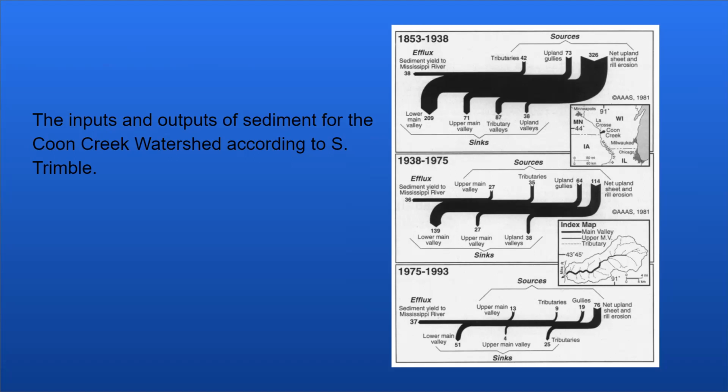Less and less sediment eroded from the landscape and into the watershed. If you look closely, some of the sediment deposition in the upper valleys is actually able to be washed away. And then by the time we get to the 1990s, the sheer amount of sediment being transported anywhere in the watershed is only a fraction of what it was in the late 1800s.